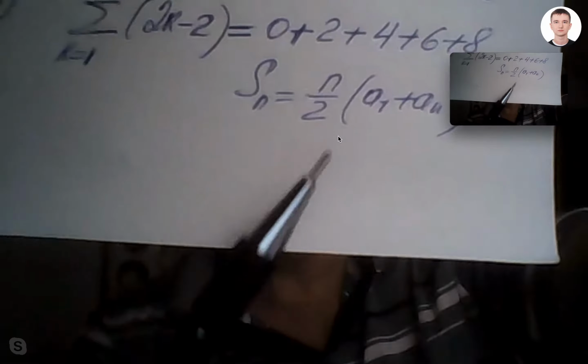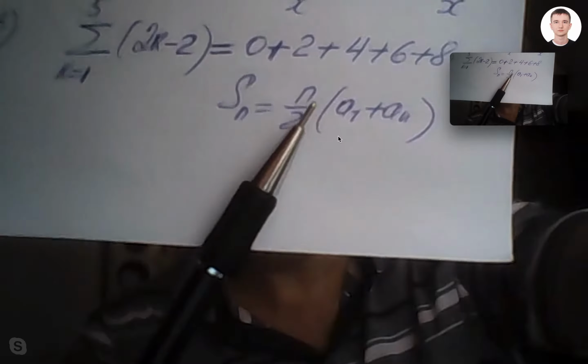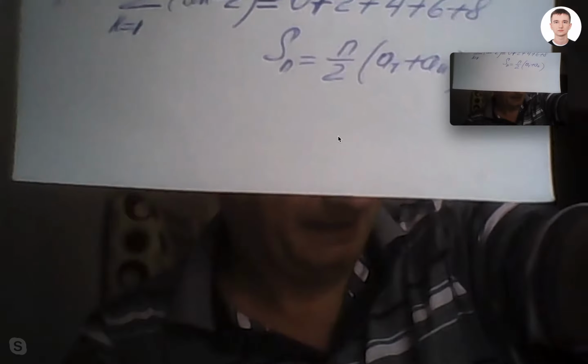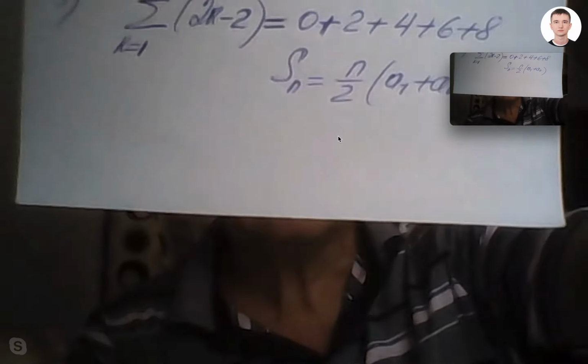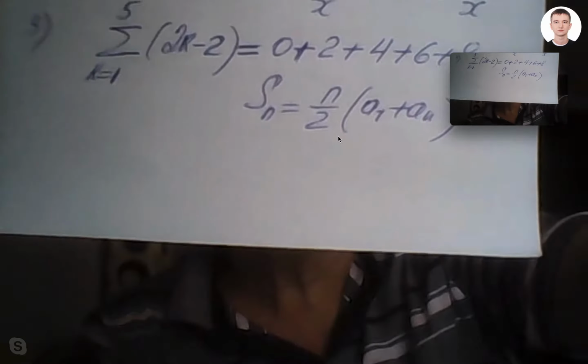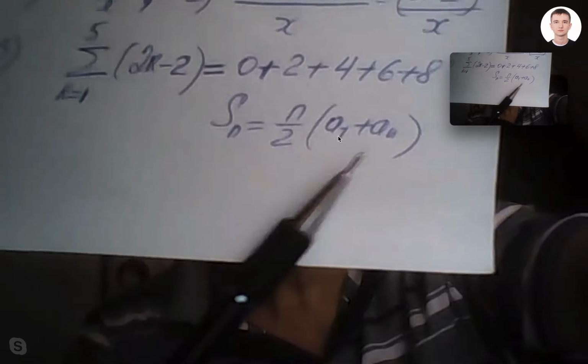This is the formula for the sum of n terms of an arithmetic series: first term plus the last term. Okay, I'll write it down, with a red pen to emphasize it.